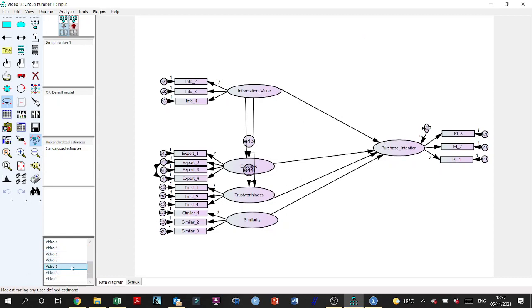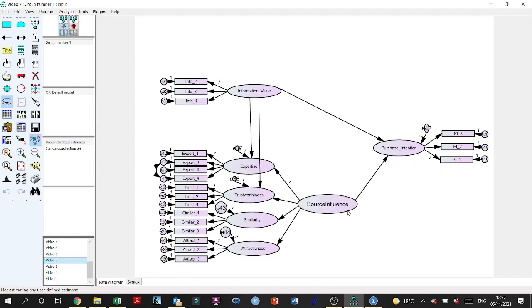We couldn't get anything interesting. We even deleted some of the variables that were giving negative or insignificant loading. We still couldn't get all significant loadings here until we went back into doing this.